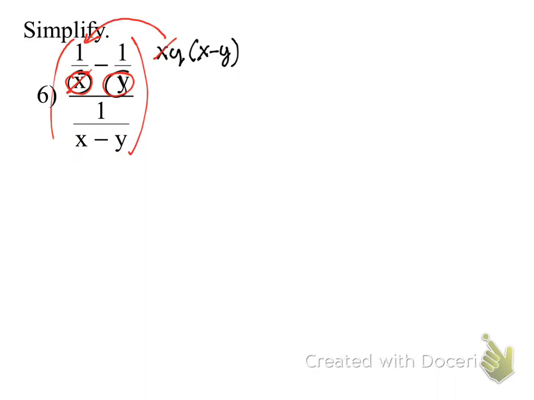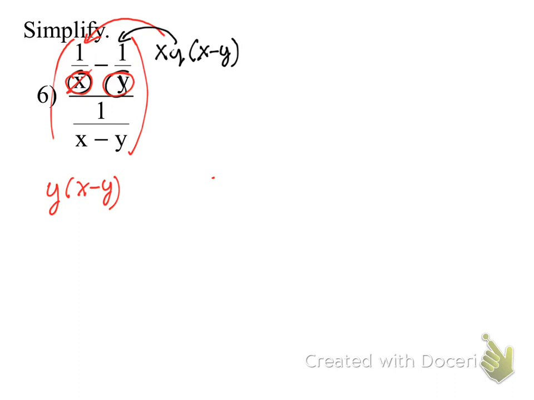So when I get that, the x cancels out and we're left with y times x minus y. Right? When I distribute here, that's an x, right?